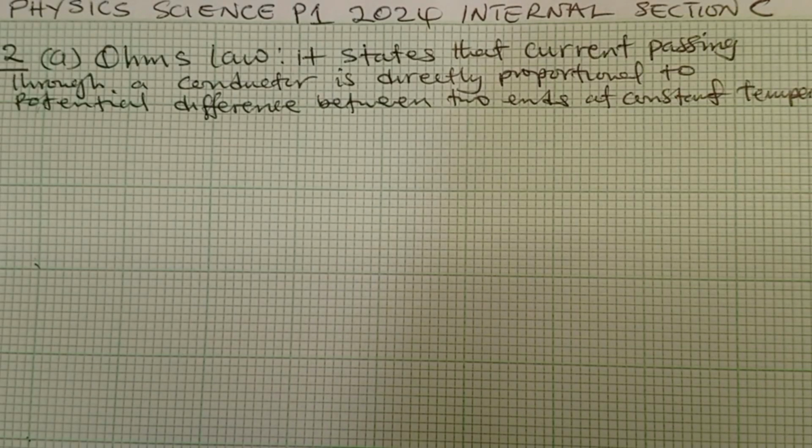Then B1, on the graph, draw two graphs of voltage against current for the two resistors C and D using the same axis for the two expected graphs. Number one thing, you need to identify the axis.